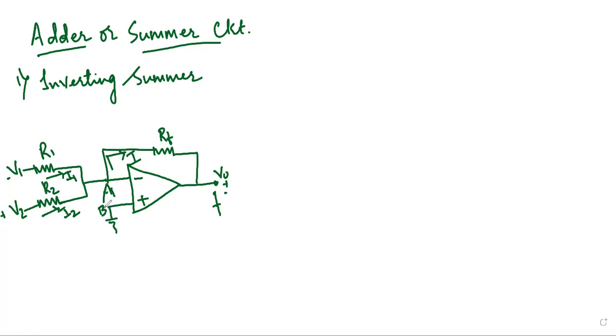The point B potential will be equal to the ground potential, and according to the virtual ground concept, the potential at point A will be equal to the point B potential, which is equal to ground potential, which is 0.